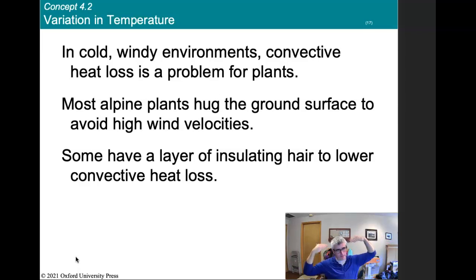They're not living on a flat surface; there's a bunch of boulders and things that break up that wind flow and reduce the amount of wind energy hitting the plant. So they can adapt by being smaller and closer to the ground where the wind forces are less severe, as well as adding things like small insulating hairs that break up that wind flow, so the wind directly hitting the leaf is sort of refracted off and slowed down by those hairs, which creates more turbulent flow, which provides, you can imagine, an insulating pillow around the leaf.